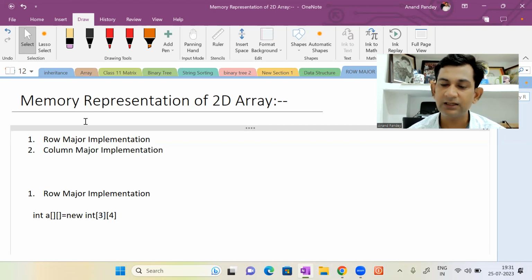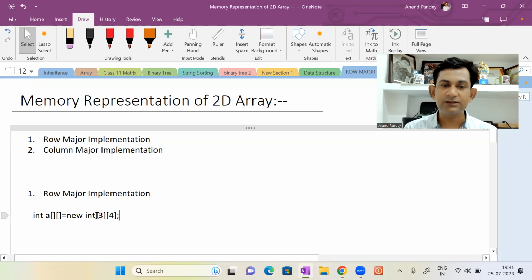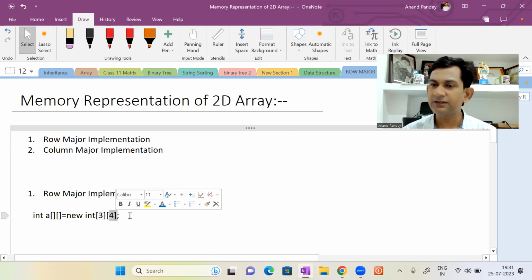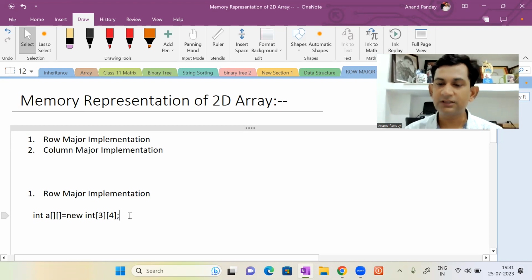In case of 2D array, we have 2 dimensions: the first represents number of rows and this indicates number of columns. I've already discussed all this in my previous video, you can see that to know the basic things.